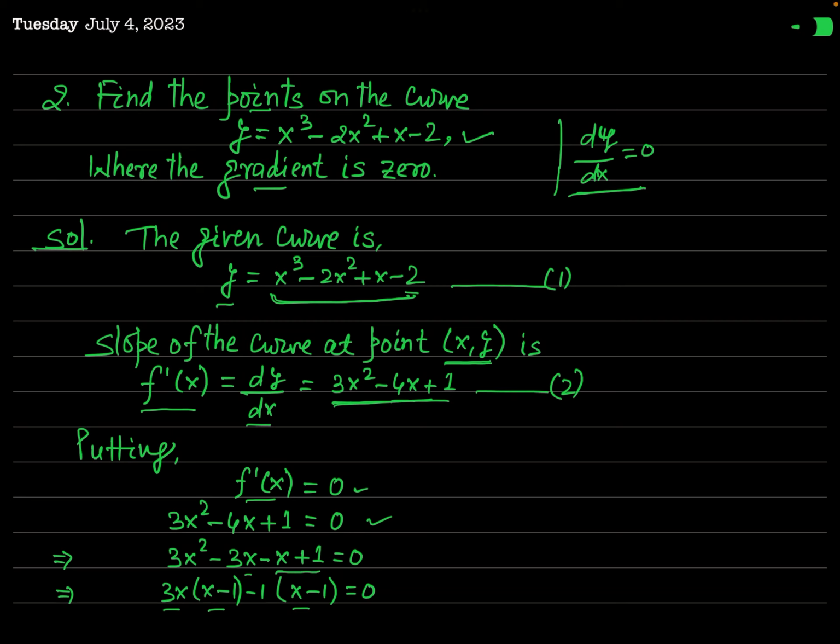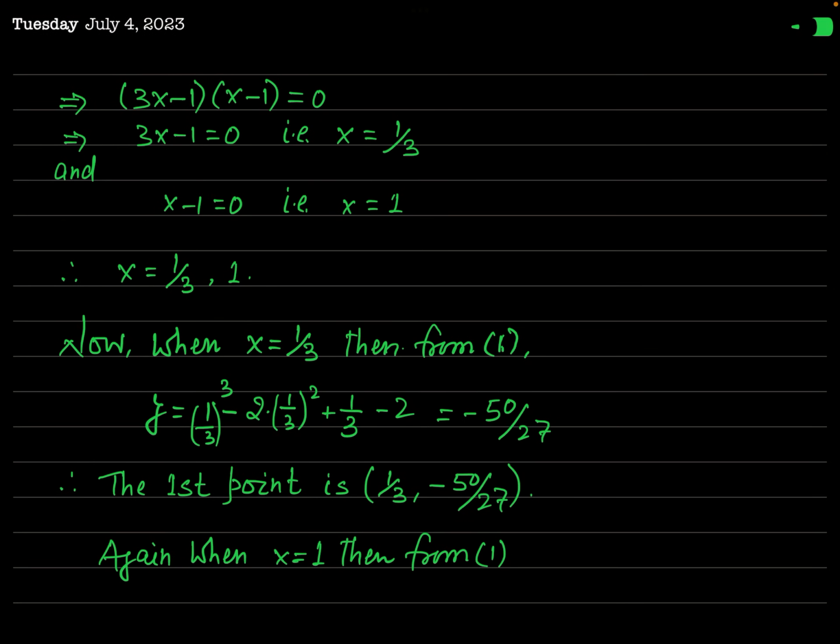And what can you write it as? This will be 3x minus 1 into x minus 1, and that will be equal to 0. I have written it here. You can see this is 3x minus 1 into x minus 1 equal to 0. And so we can equate both of these factors equal to 0.